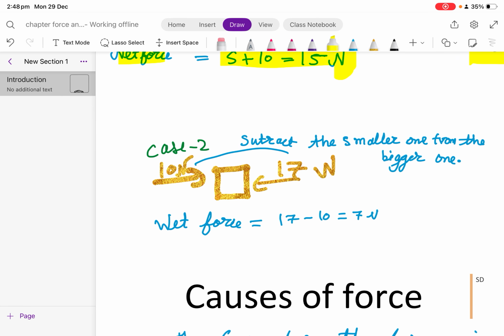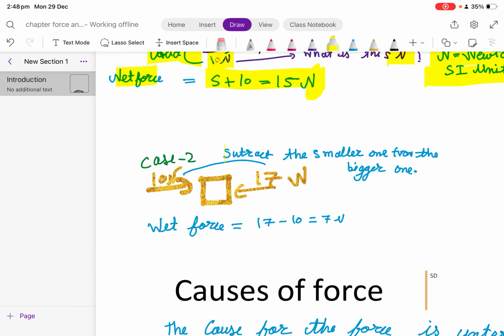Okay, then the second case is to subtract the smaller one from the bigger one. We have to subtract the smaller one from the bigger one when the forces are not applied in the same direction, they are applied in opposite directions. Like if you are pushing the box from this direction and your friend is pushing the box from this direction, you both are applying force in opposite directions.